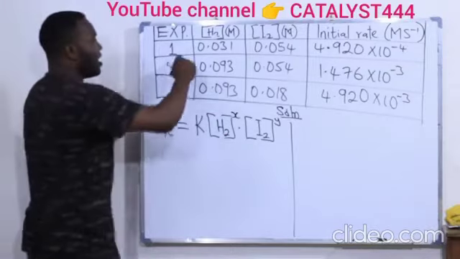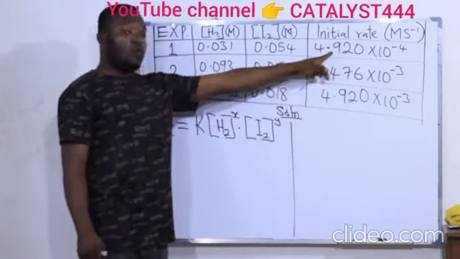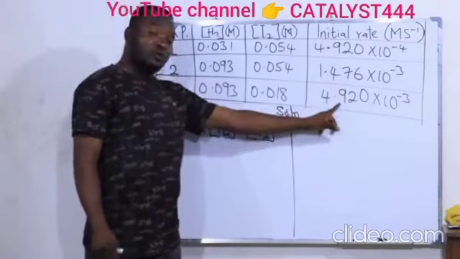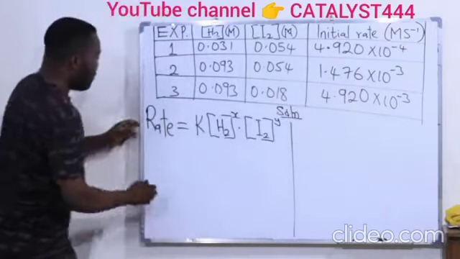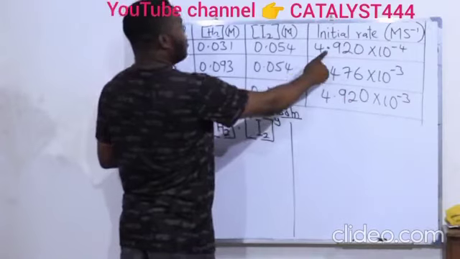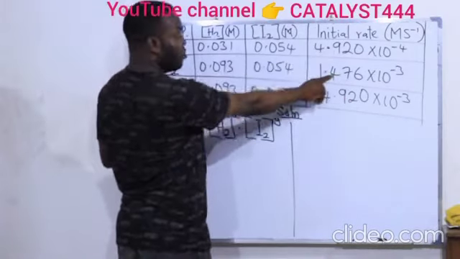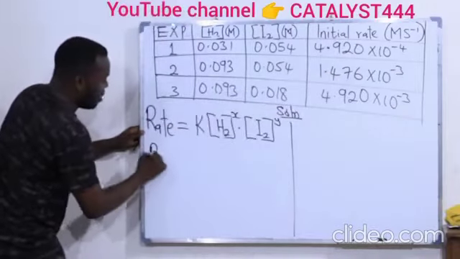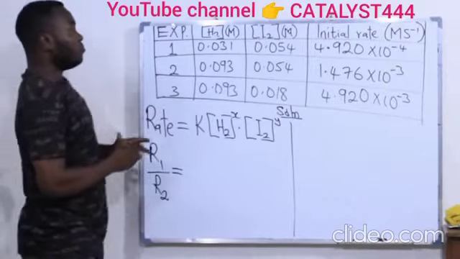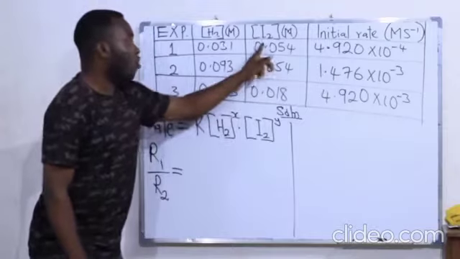I should know that I can call this experiment 1, which means this is my R1. I can call this my R2. I can call this my R3. Okay, now if I say R1 divided by R2, that is initial rate, the first one over the second one, I will have R1 all over R2 will be equal to, if I'm doing this over this, it means that I will do this over this.